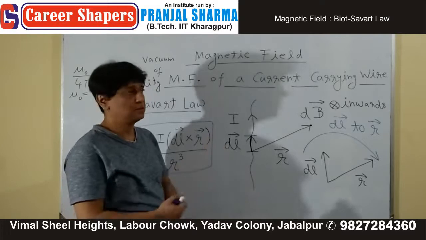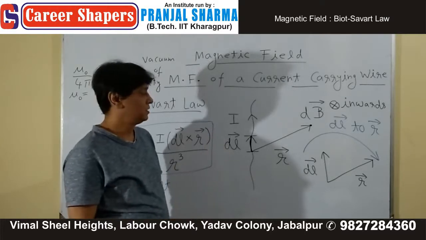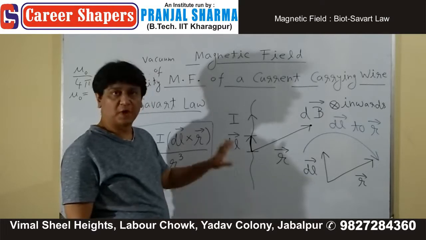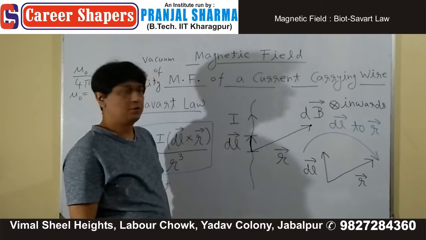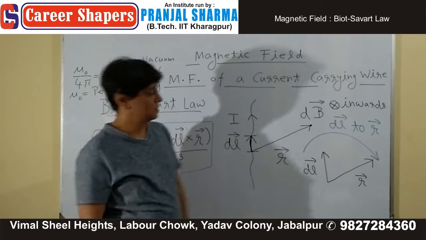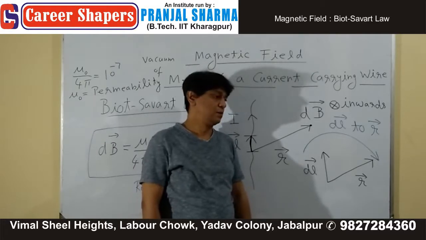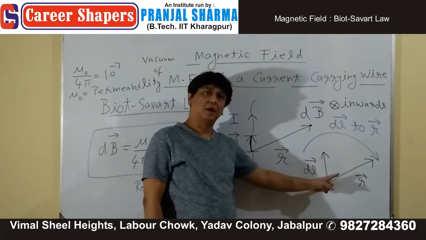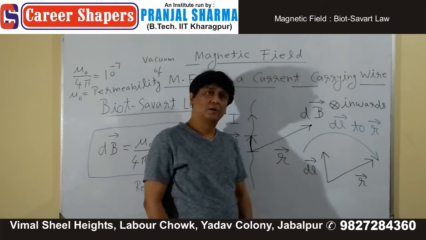That is, magnetic field is always perpendicular to the plane in which dl vector and r vector are present.